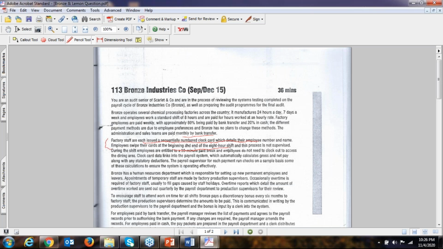So what is the benefit from this control? This is the important area which students ignore in the exams. I'm waiting for your reply. What would be the advantage of placing this control?